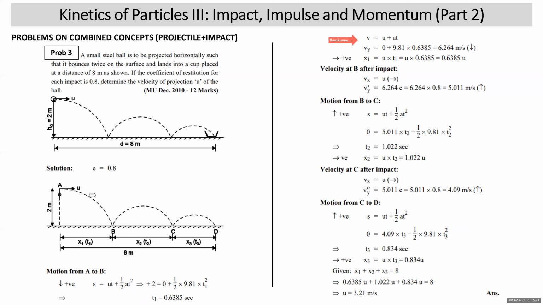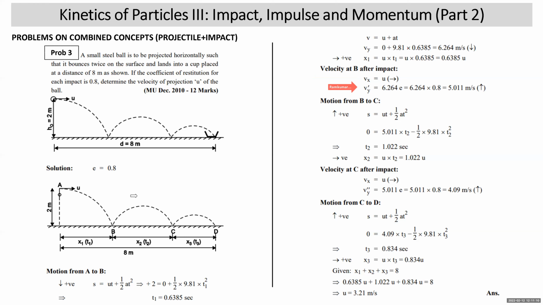During projectile motion, the horizontal component of velocity remains the same. x1 will be u into t1. Now, the velocity of the ball at B is after impact. After impact, what happens? The horizontal component of velocity remains the same, and the vertical component of velocity will change by e times. You have understood that the horizontal component of velocity, along the plane, will remain the same throughout.